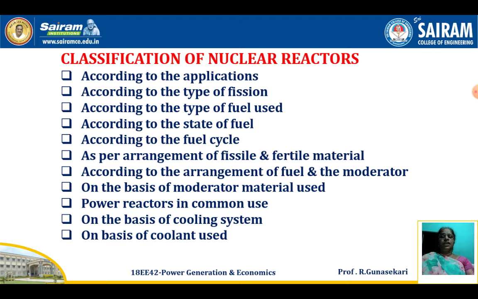Later we will study in detail all the types of power reactors in common use. The next is on the basis of cooling system, and the next on the basis of coolant used. Based on these parameters only, we classify the nuclear reactor.